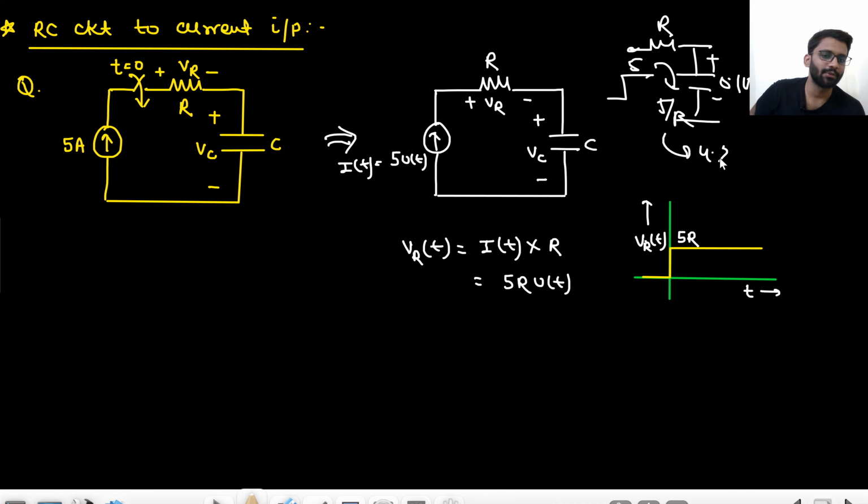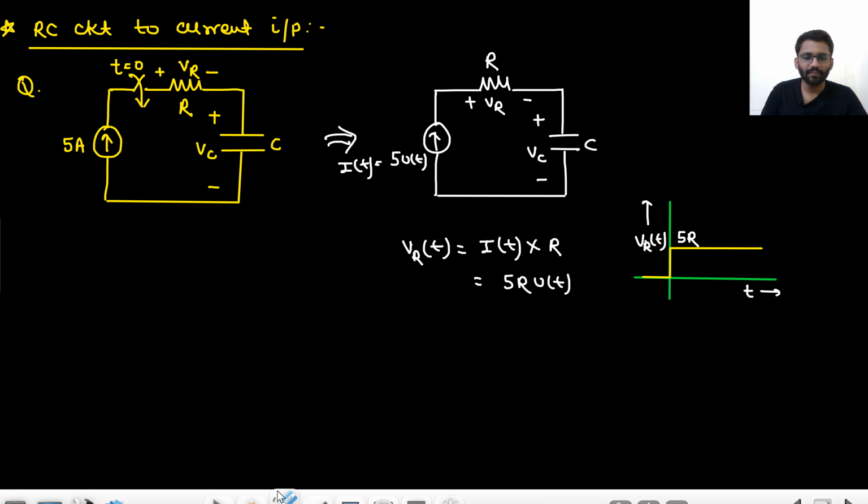The current was getting reduced to 4.9 by R. Then it was getting reduced to 4 by R, 3 by R. Every moment the current was changing. Here there is always the same current, right? If this 5u(t) current is always flowing through the resistor, the same current is always flowing through the capacitor.